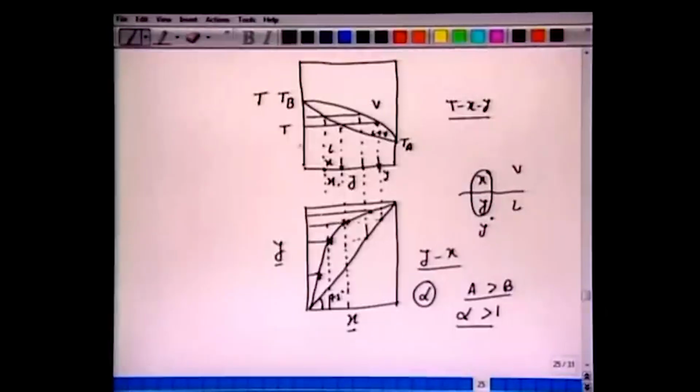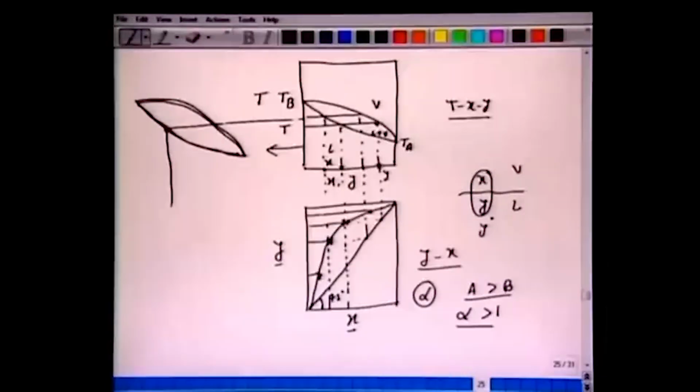In other words, the bubble point curve and the dew point curve will be wider here. That means for the same temperature, the difference between Y and X will be larger, so there is more separation. This phase is much richer in A than here.